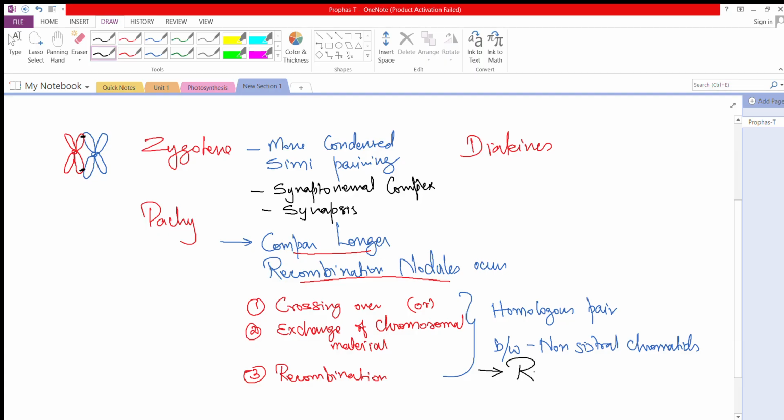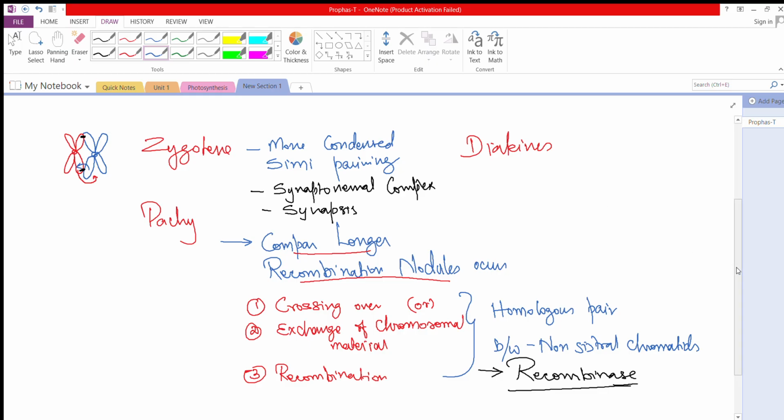The enzyme involved here is recombinase. Remember, a word ending with ASE is an enzyme. So some part of a chromosome will come to this side, some part will go to the other side. This is what we call exchange of chromosomal material, or crossing over, or also called recombination.